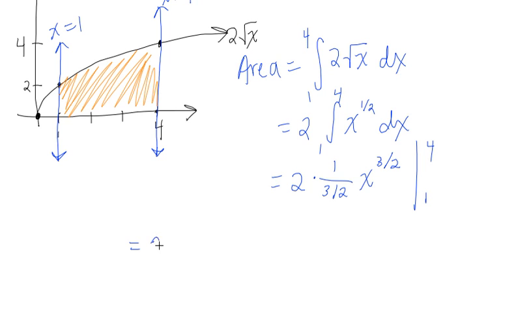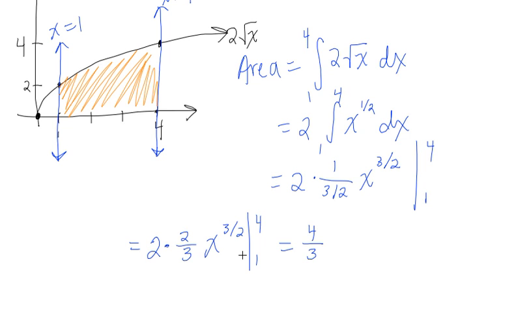So I have 2 times 1 over 3/2, which means 1 times the reciprocal of the denominator, so 1 times 2/3, times x to the 3/2 from 1 to 4. I'm going to simplify one more step and multiply the 2 times 2 here. So 4/3 times x to the 3/2.